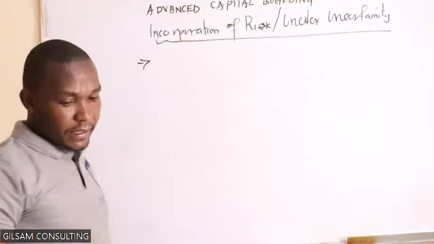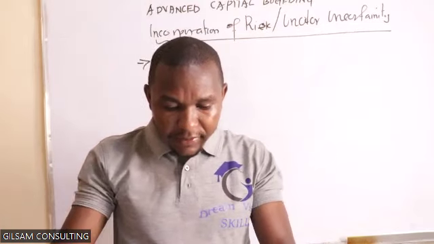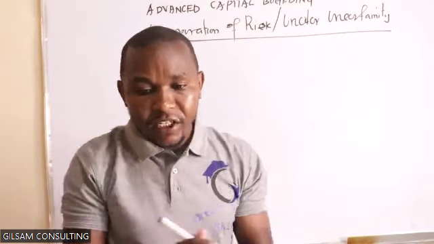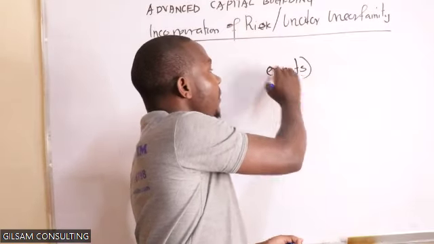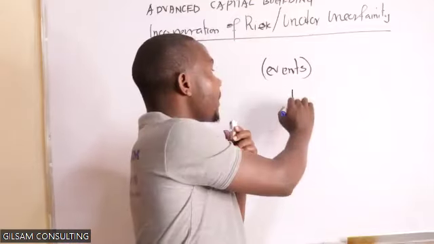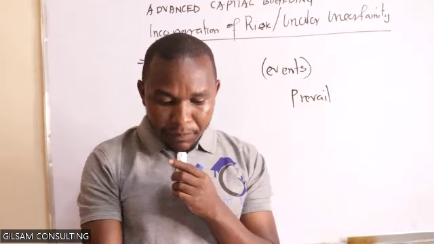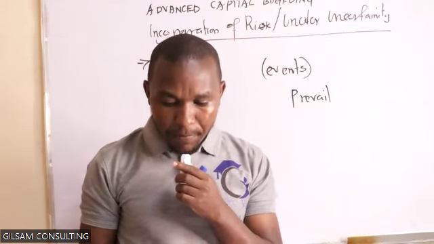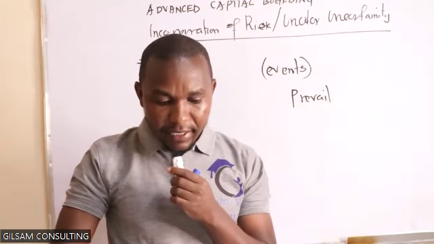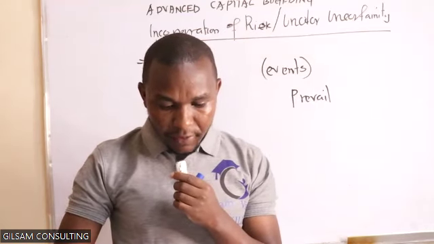So we can have an explanation: under the risk environment, the state of nature (events) that will prevail are not known in advance, however, their probabilities are given.